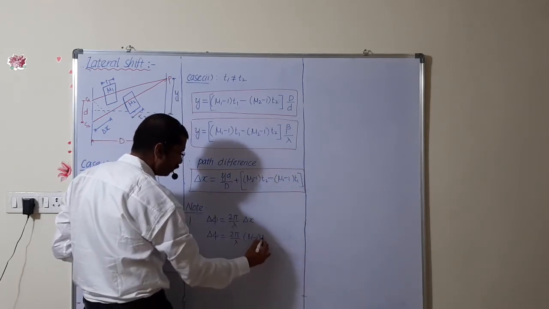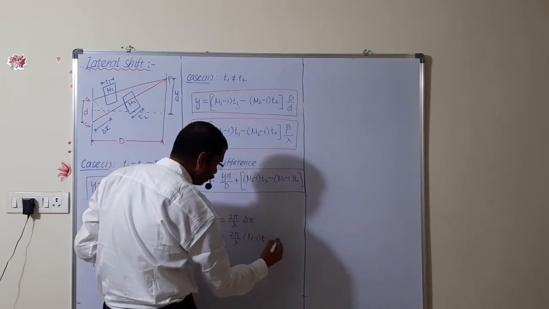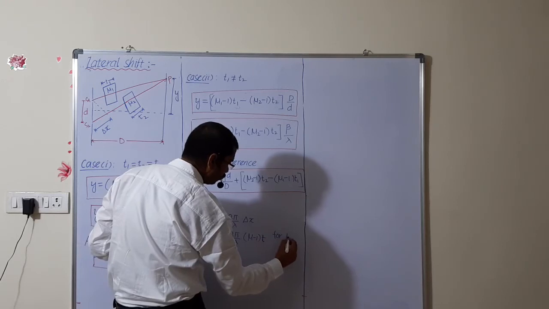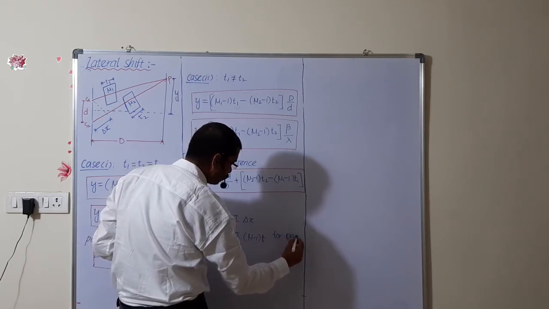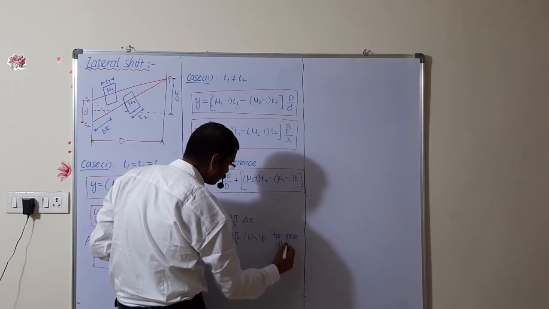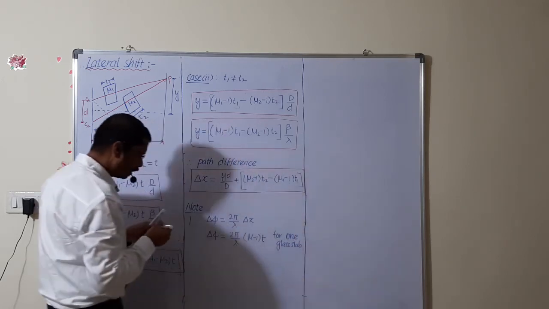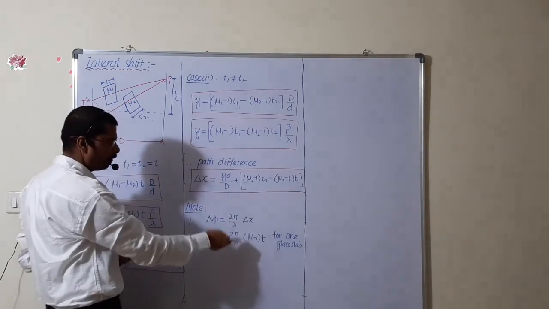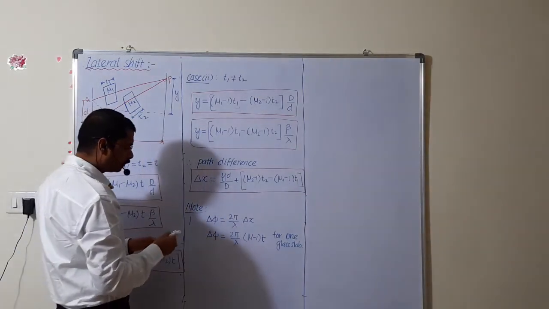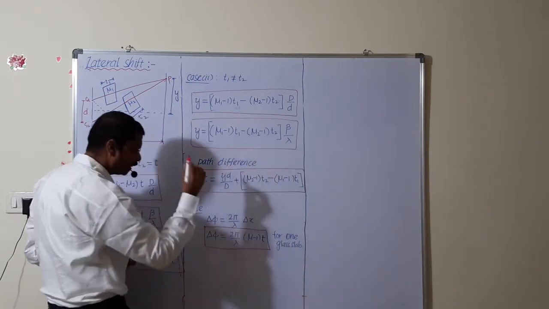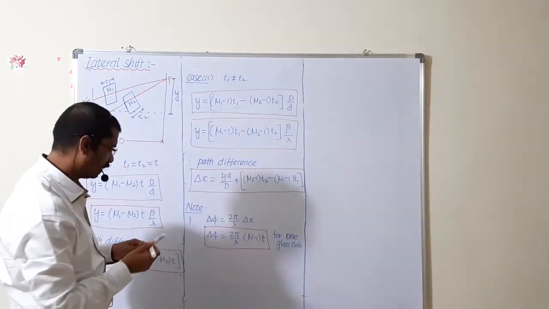This is for one glass slab. If we take two glass slabs, delta x is already there, we can substitute. We can find the relation between the path difference and phase difference.